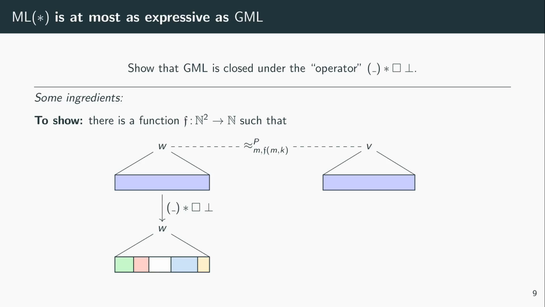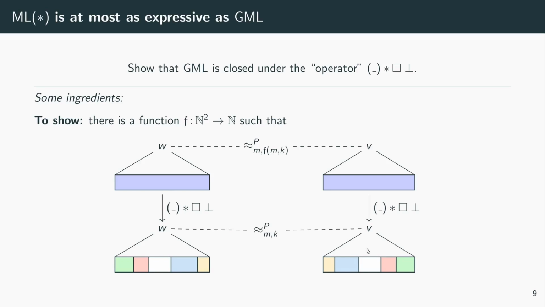For every way I have to do this split on the left, there is a way to do the same thing on the right that will lead to a model where the children have the same profile with respect to graded modal logic formulas, and so the two models on the left and on the right will be G-bisimilar with respect to M, K, and P.